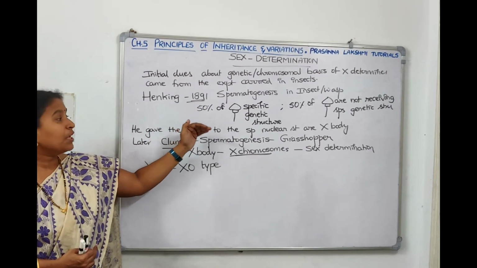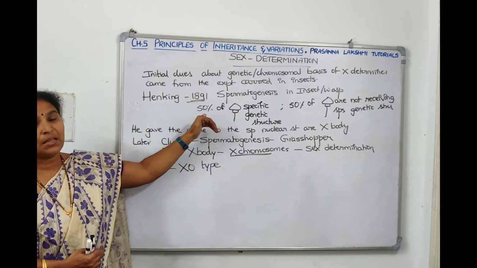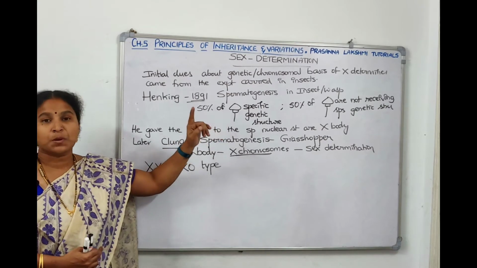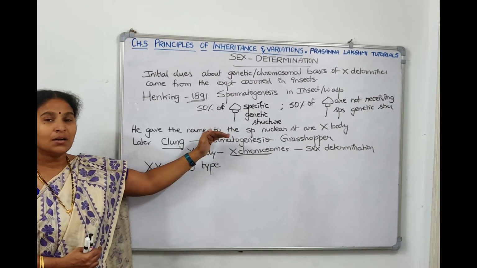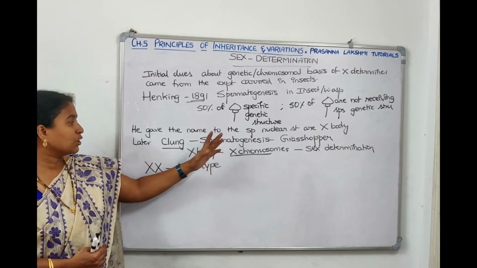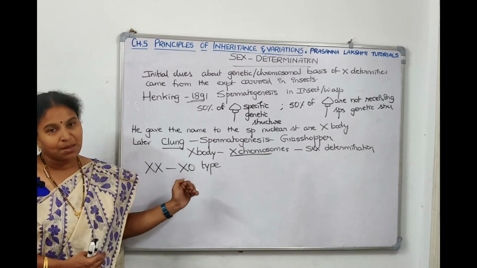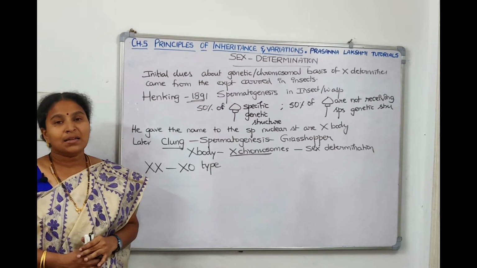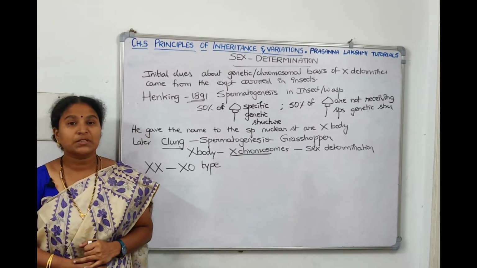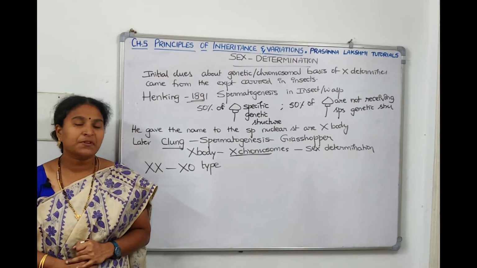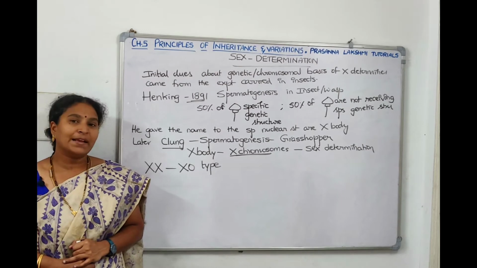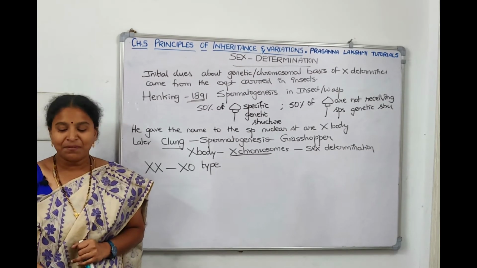He told that 50% of the sperms will receive some nuclear structure, and the other 50% of sperms will not. So he called that nuclear structure X body, but he did not give its significance. Whereas Klung conducted the same experiments in grasshopper, and he told that this is the one which is responsible for sex determination, and since it is responsible for sex determination, he called it an X chromosome. Take it, we will continue further.